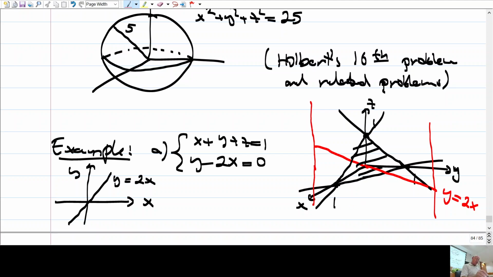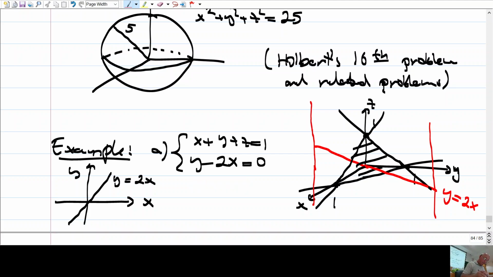So this system of equations represents the set of all points satisfying both equations. It means it is the set of all points on the plane given by these equations. So it is nothing but the intersection of these two planes, because it is both on this plane and on this plane.